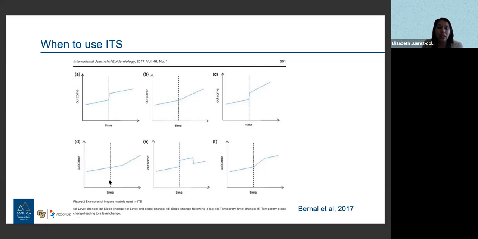There was a change in the protocol or the legislative change at the time of the intervention, but then we don't see a change until much later. So this is a lagged effect. The next one is a temporary change in the mean level, and the last one is a temporary change in the slope.